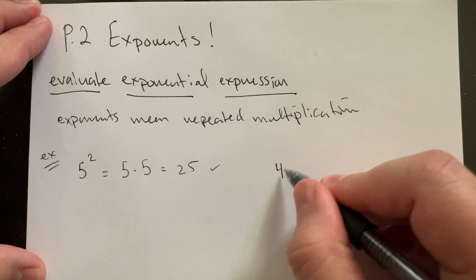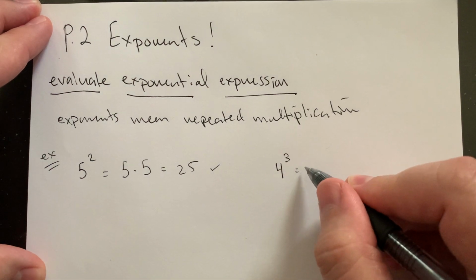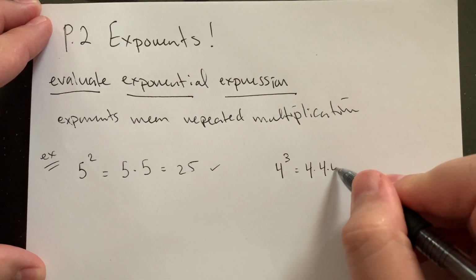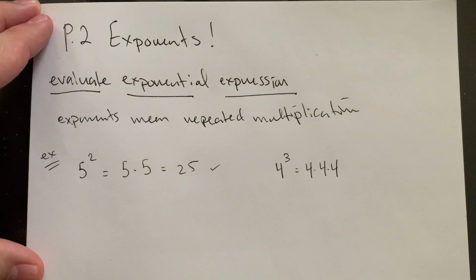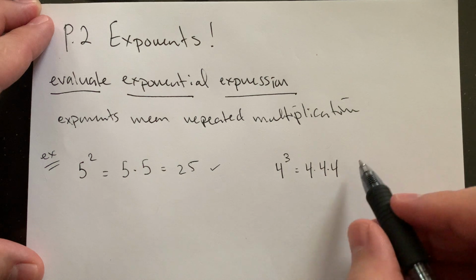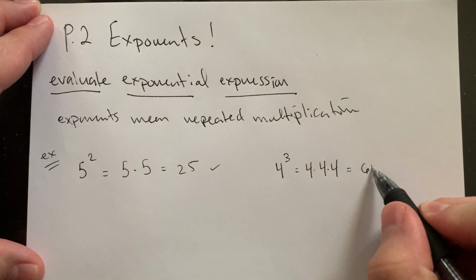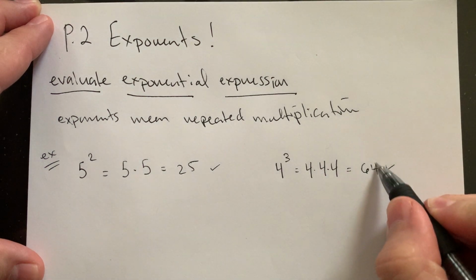Something like 4 raised to the 3, what we would call cubed, is 4 times itself 3 times. 4 times 4 times 4, right? That would be 16 times another 4 would get us up to 64.